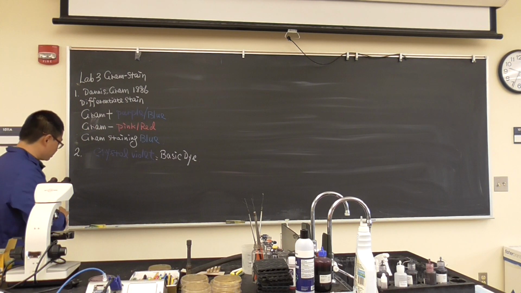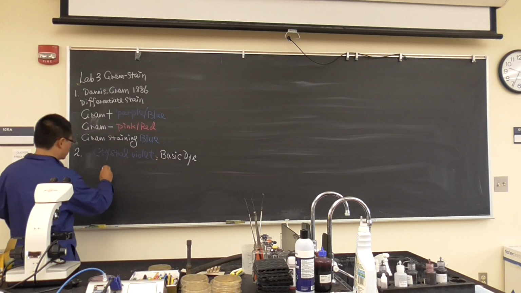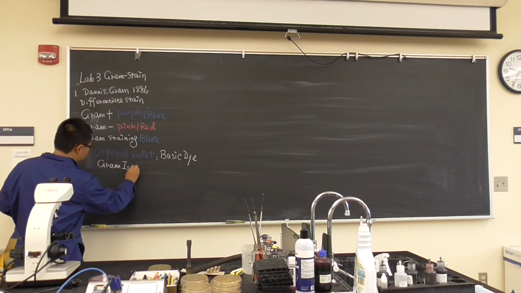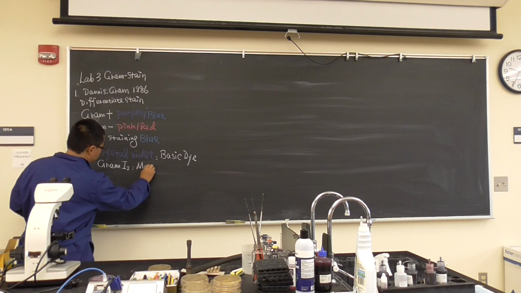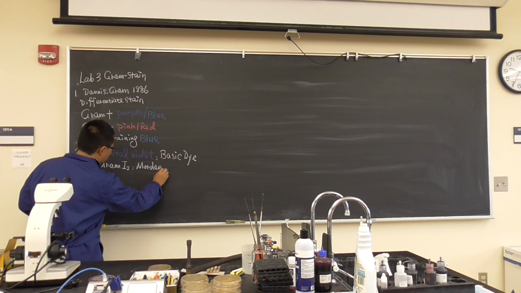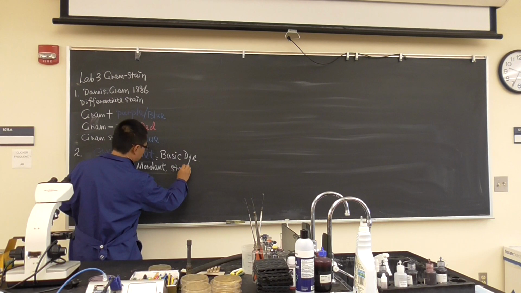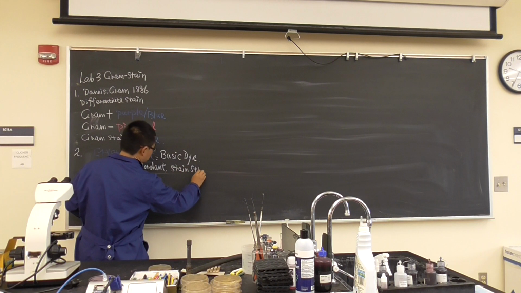The second step is Gram iodine, which we call a mordant, which means we will make the crystal violet stain strong.